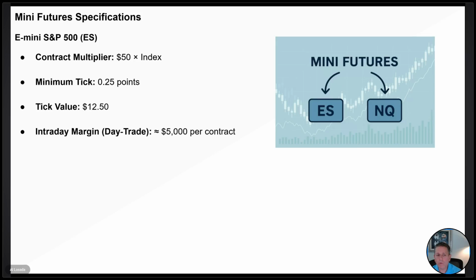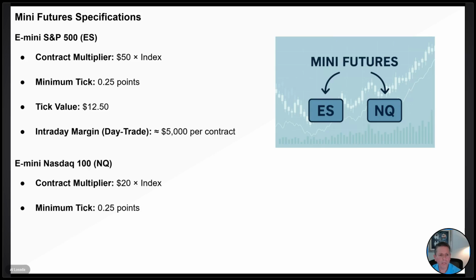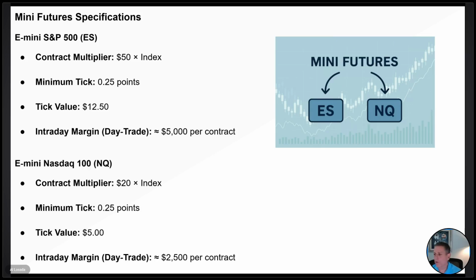The tick value is $12.50, and the intraday margin for day trading is $5,000 per contract. Okay, you could actually trade with micros. You can actually trade with 100 lot size, and those are really easy to manage, especially if you're just getting started.